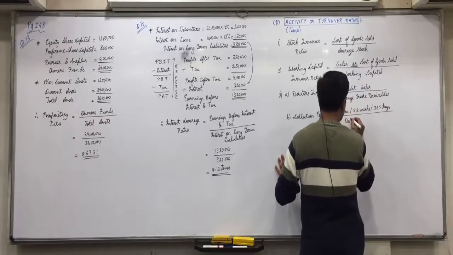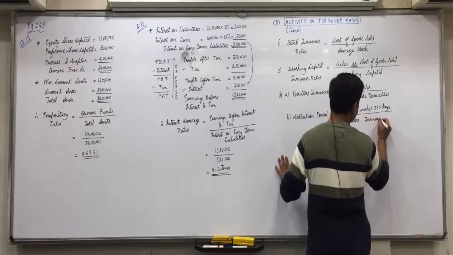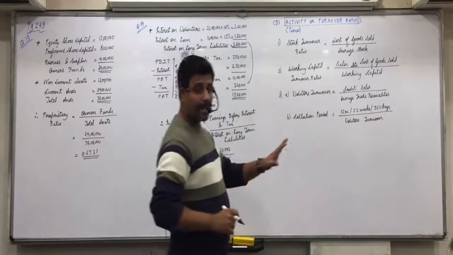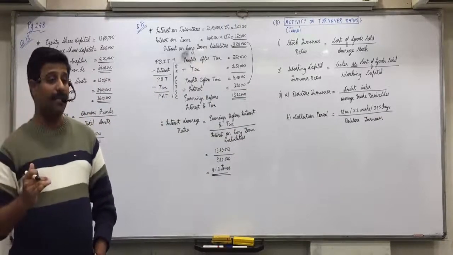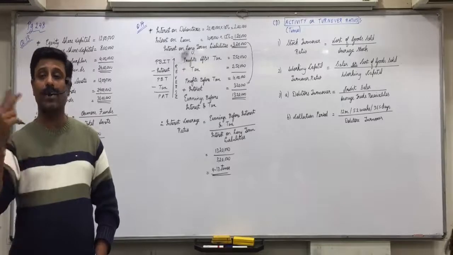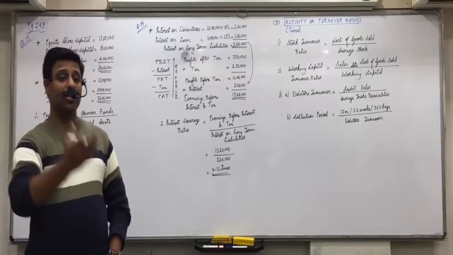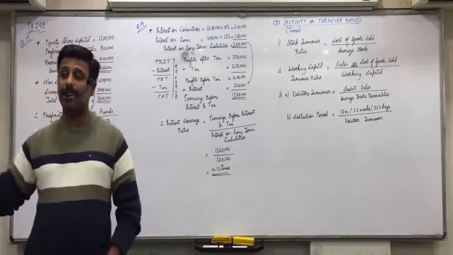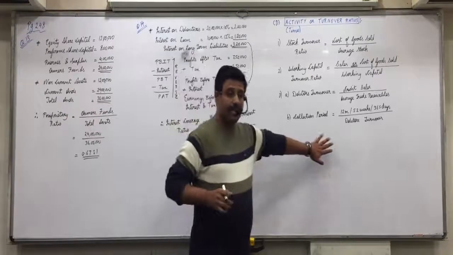Divided by debtors turnover. Understood this? Like I explained, you have debtors turnover of 6 times. Means 12 months divided by 6. Every 2 months we recover the money. Today you sell the goods, recover after 2 months, then again after 2 months you sell the goods. So 6 times in a year you sell the goods and recover every 2 months. Is everyone clear with this?